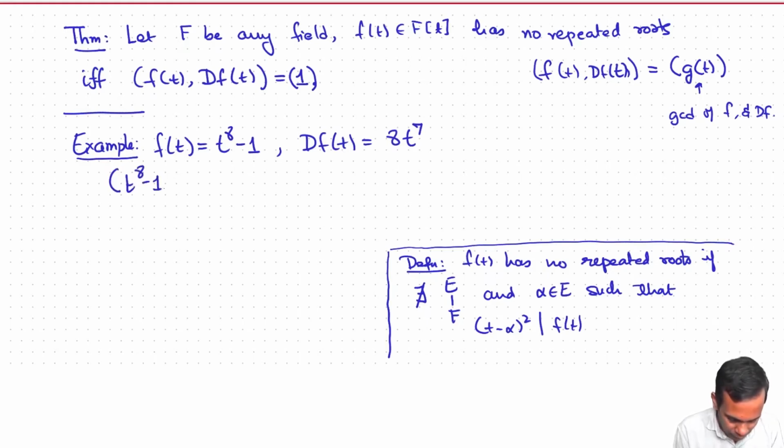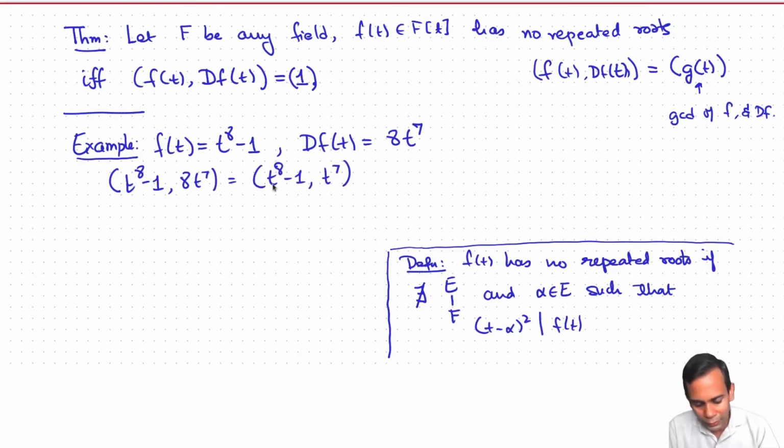So this is just the GCD of t to the 8 minus 1 and t to the power 7. Any common factor must be a power of t, because the only factors of t to the power 7 are powers of t. But t to the 8 minus 1 has constant term nonzero, so it's not divisible by any power of t. So these two polynomials generate the entire ring.